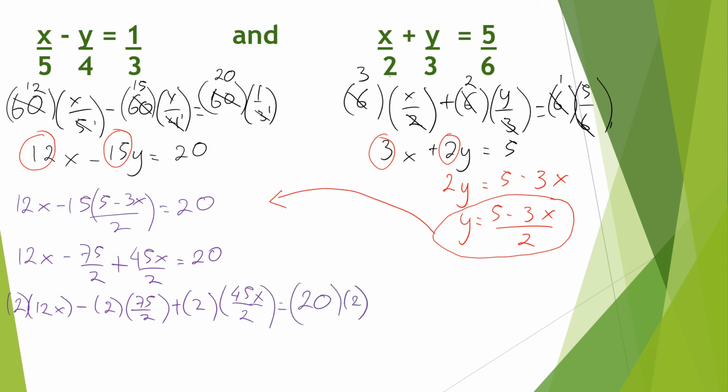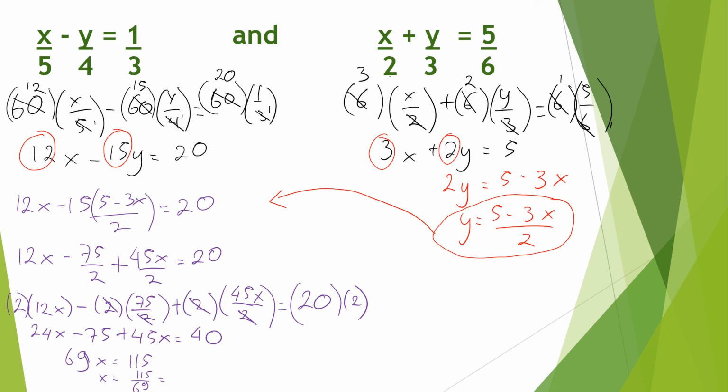Okay, a little bit long. 24x, the cancellation, 75 cancellation also, 45x, 40. So 24x plus 45x equals 69x. 40 plus 75, because we move it to the right side, equals 115. So x equals 115 per 69.